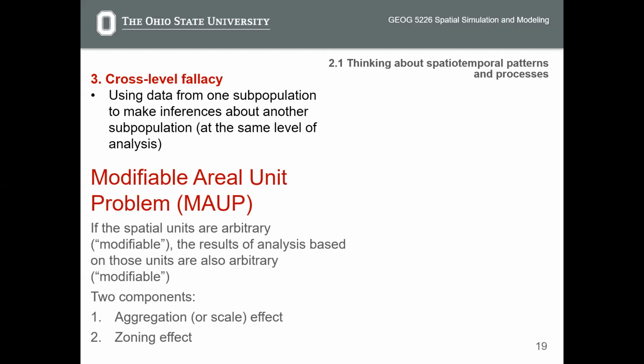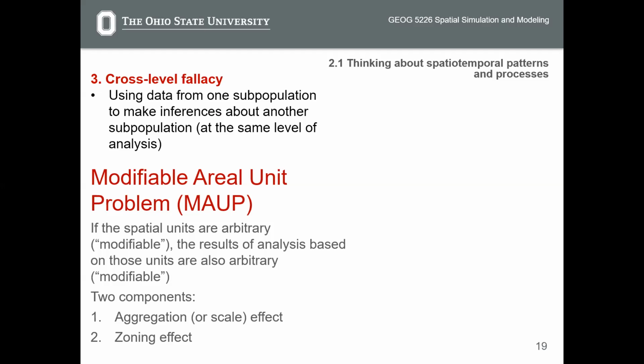So the idea is that if the spatial units are arbitrary, which means they are modifiable, the results of analysis based on those units are also arbitrary, which means modifiable. In summary, if you draw a conclusion at a scale, it stays there.